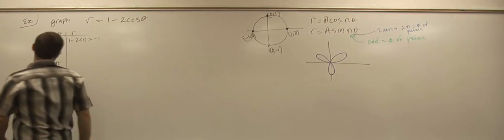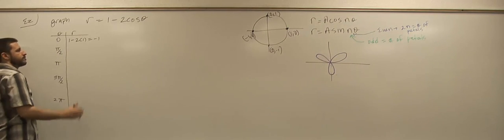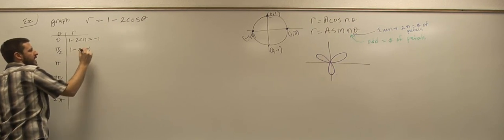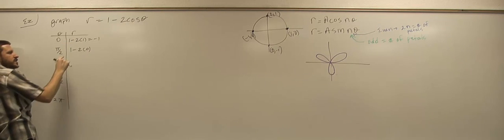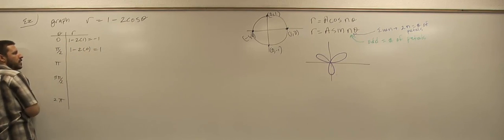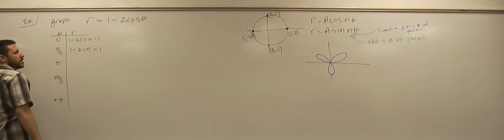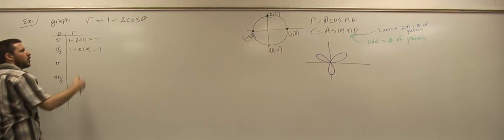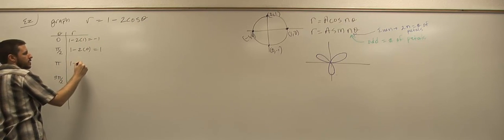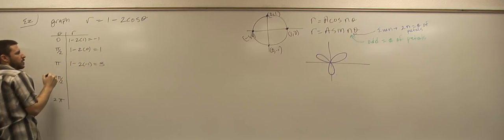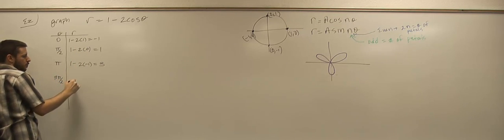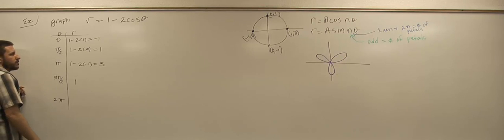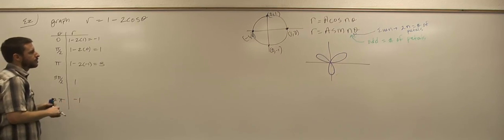What happens when you plug in pi over 2? 0 for cosine, but then when you do out all the other calculations, it ends up giving you 1. When you plug in pi, you get negative 1 for cosine, so after you plug it all in, you get 3. 3 pi over 2, you'll get 1 again, because cosine is 0. And then 2 pi, you'll get negative 1.